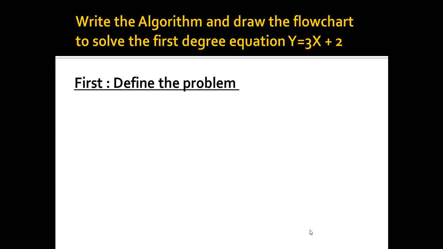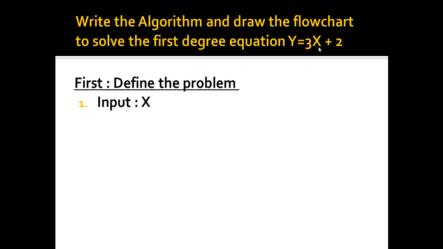Here we have another example. Write the algorithm and draw the flowchart to solve the first degree equation y equals 3x plus 2. As we said, we're going to start by defining the problem. So the input is x. We need to solve a first degree equation y equals 3x plus 2.